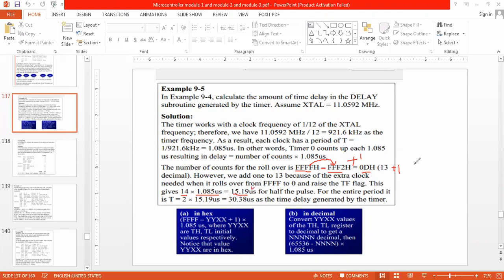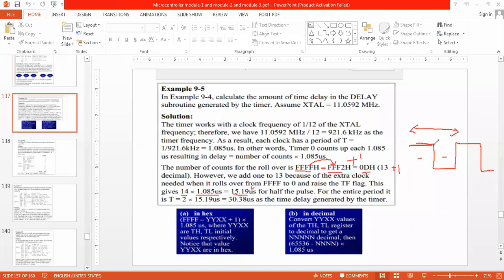So 15.19 microseconds it is on, and another 15.19 microseconds it is off, and again on and again off. In this way I have generated a square wave pulse, because T on and T off are both equal, which is called a square wave signal or a pulse signal.